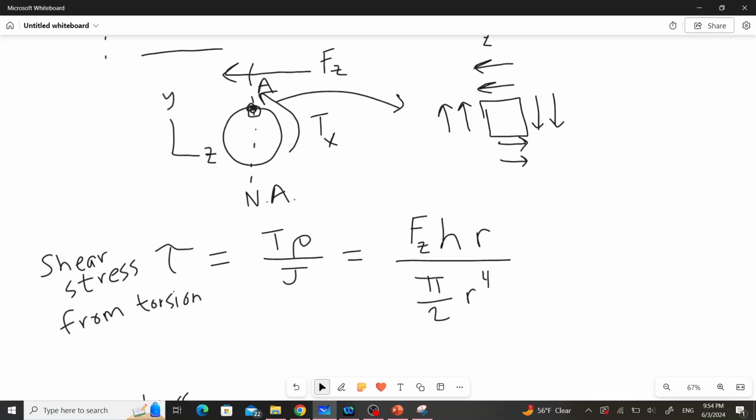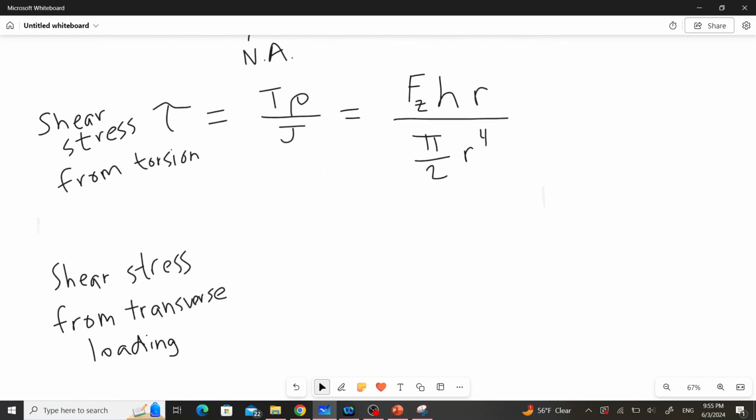So we do satisfy that here. A is the only point that we can do that for a circular cross-section for which the shear formula is applicable. And we derived what the shear stress is going to be at point A, right there along the neutral axis, in a previous video.